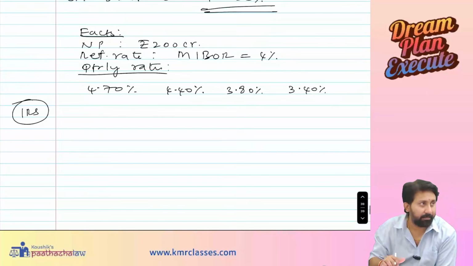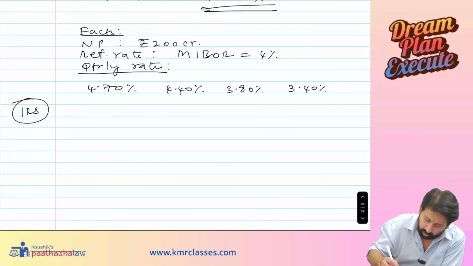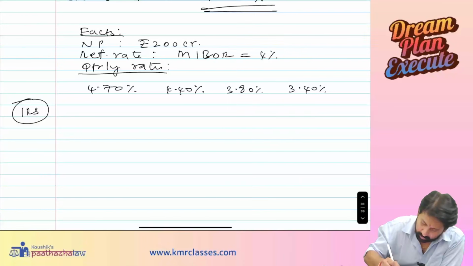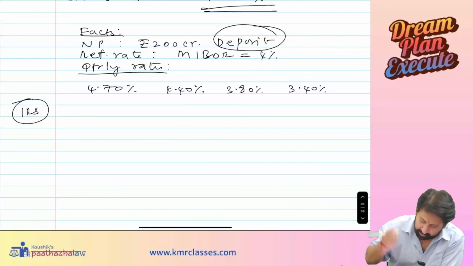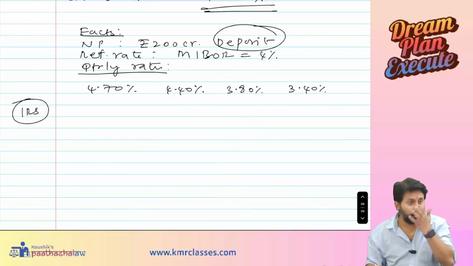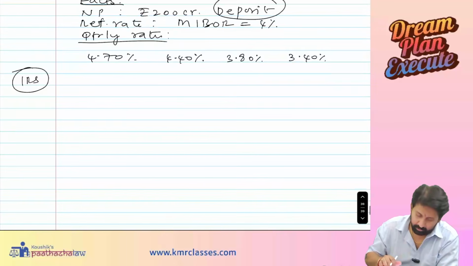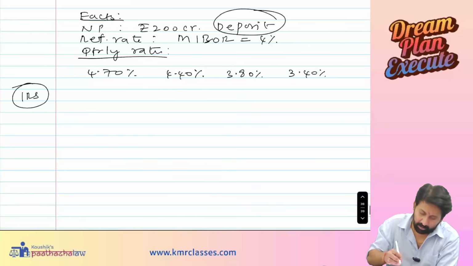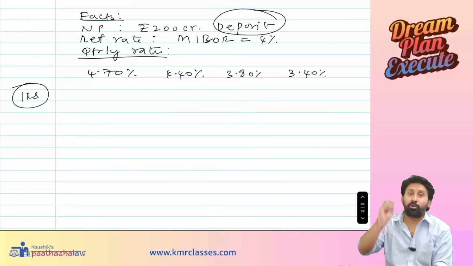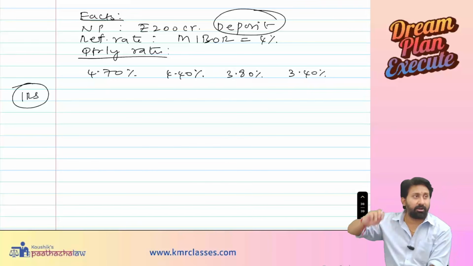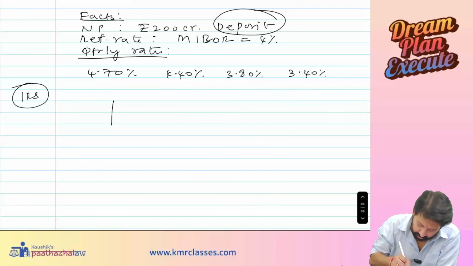Interest rate swap. But I wanted to deposit. Write down: I wanted to deposit, not borrow. I wanted to deposit money, which means I wanted to sell MIBOR.